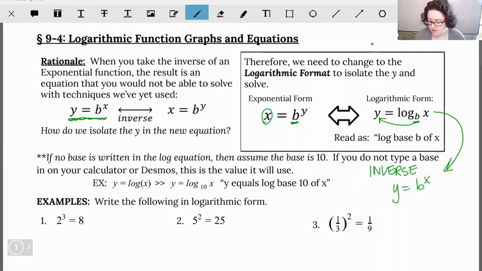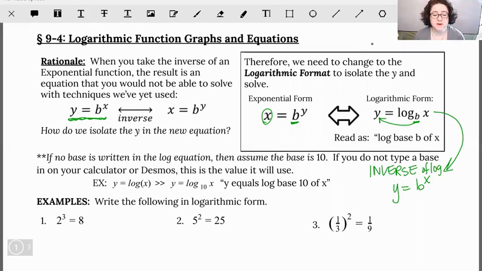So if we ever come across a problem where we're given a function in logarithm form, find the inverse, all we really need to do, you'll notice, is take out the log expression and still have b, or base, raised to our x that we originally had in our exponent.